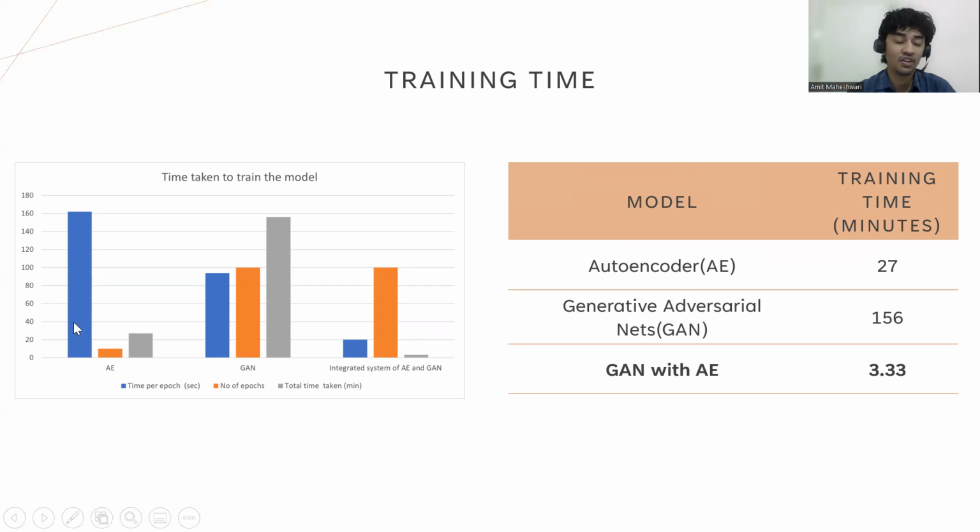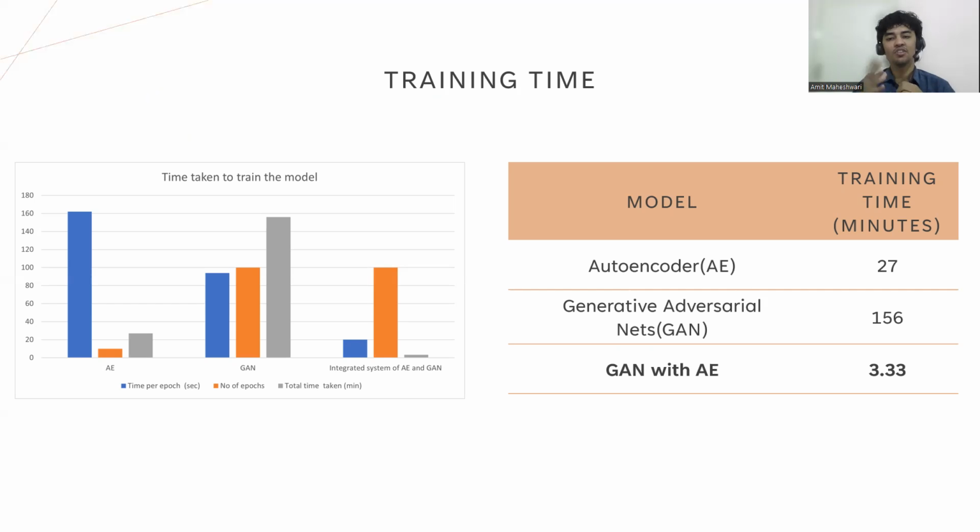Here we can see the autoencoder's number of epochs, in orange, is significantly less in comparison with the other two. All these experiments are done on a subset of the actual train data, so the autoencoder would require roughly 27 minutes to get fully trained.